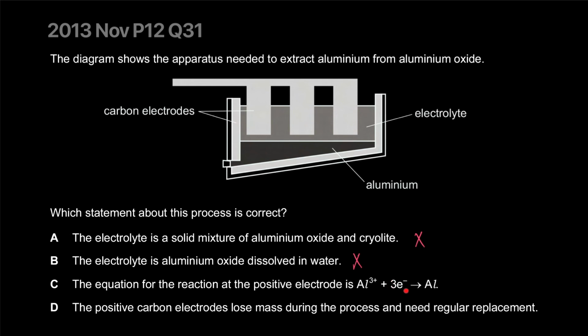That's going to be at the negative electrode, not the positive one. The positive carbon electrodes lose mass during the process and need regular replacement. Positive ones will, yeah, because oxygen is there, right? Absolutely. So the correct answer is D. That's the only correct statement over here.